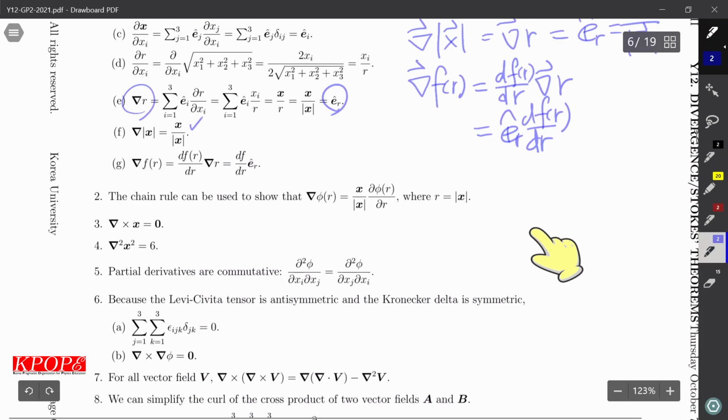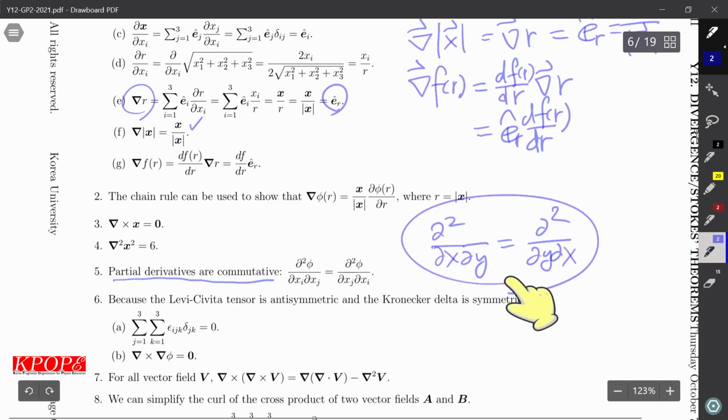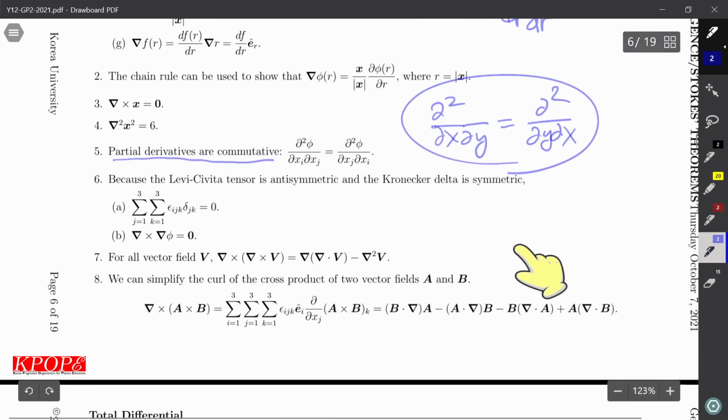Partial derivatives are commutative. If the derivative exists, they are the same. In a similar manner, for any components xi, xj, xj, xi.